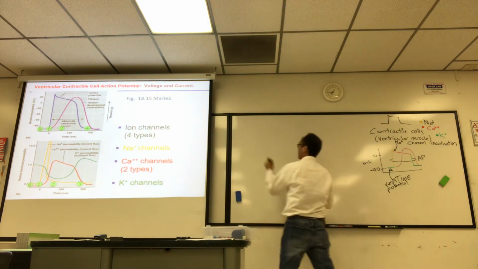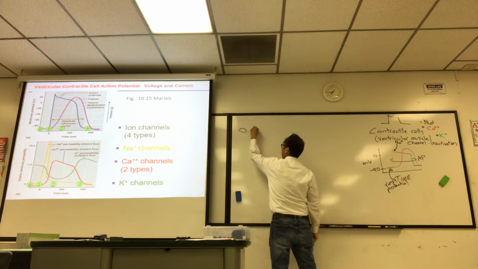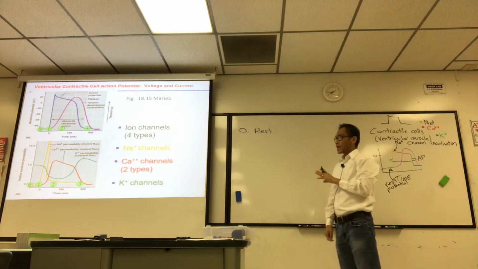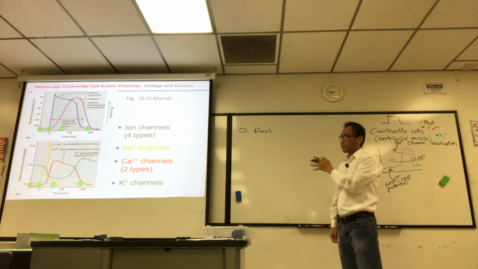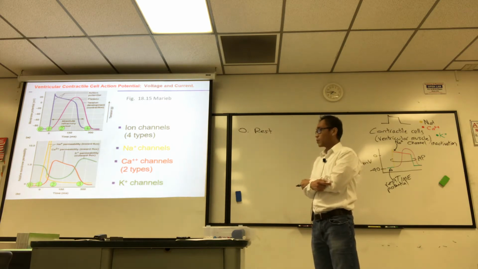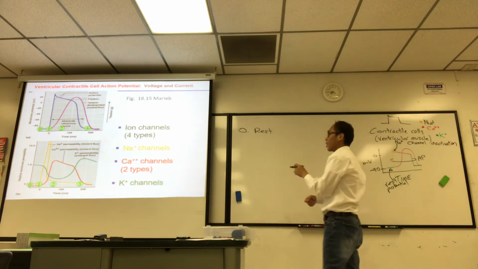So where I put the 0, that's rest. And just look at both graphs. The top graph is millivolts. The bottom graph is the whole permeability thing. What is the cell permeable to? So let me take you through how you read it.